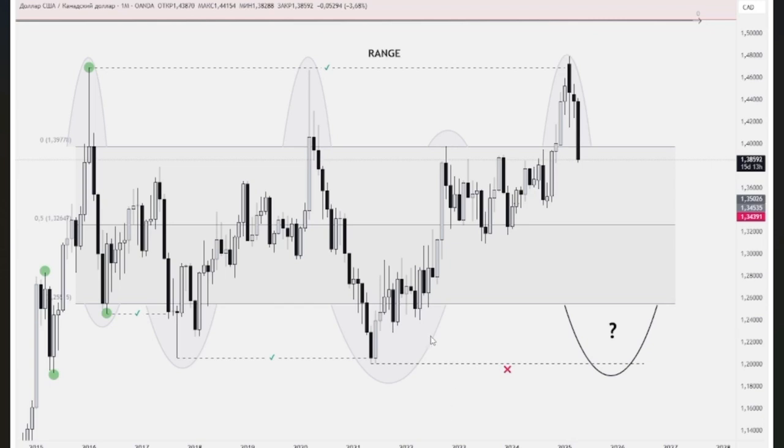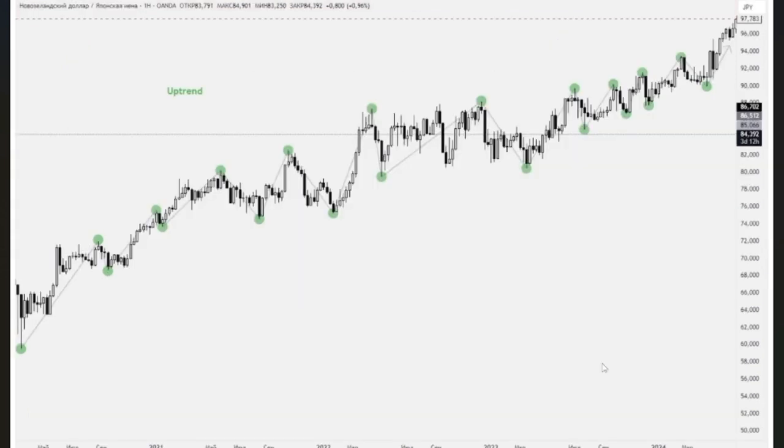What we can expect is either an exit from the range, or price goes to sweep this liquidity. Like I said before, I will explain more about range in the next video.